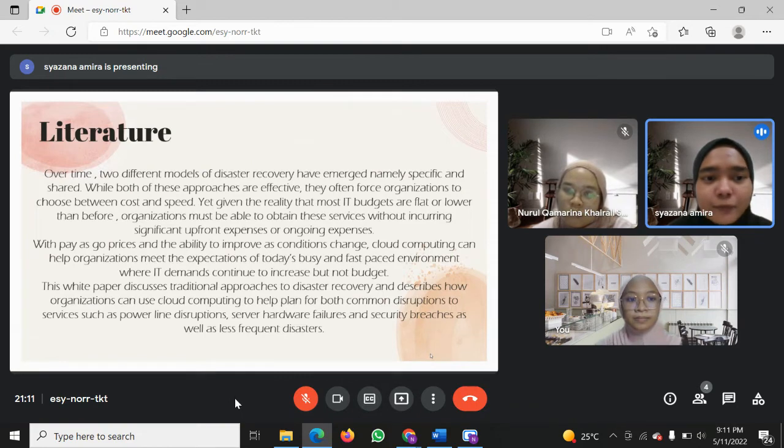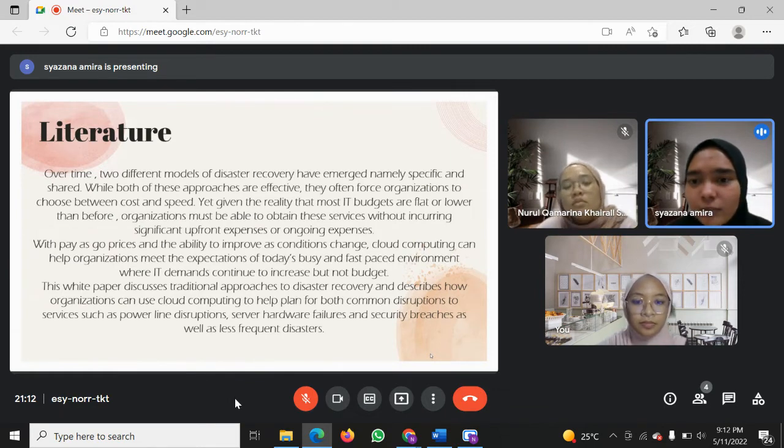Literature. Over time, two different models of disaster recovery have emerged, namely specific and shared. While both of these approaches are effective, they often force organizations to choose between cost and speed. Yet, given the reality that most IT budgets are flat or lower than before, organizations must be able to obtain this service without incurring significant upfront expenses or ongoing expenses.